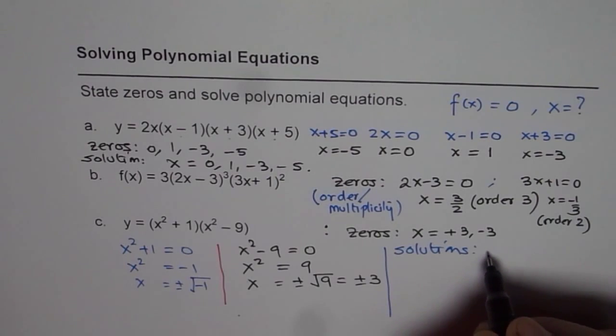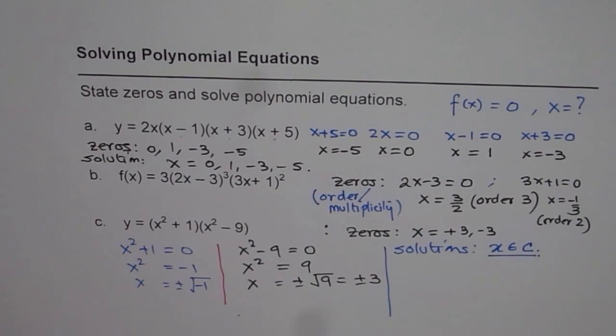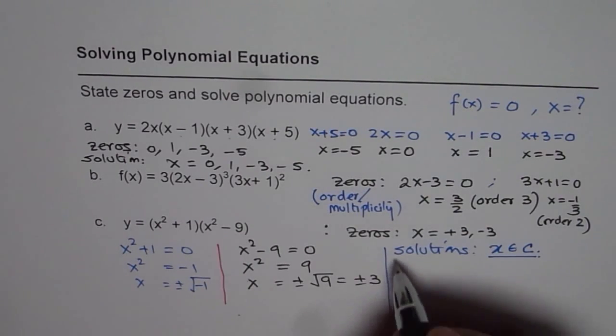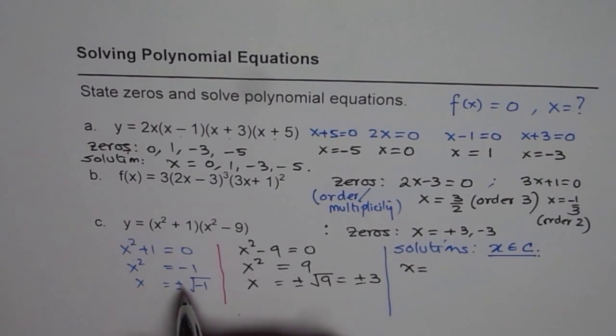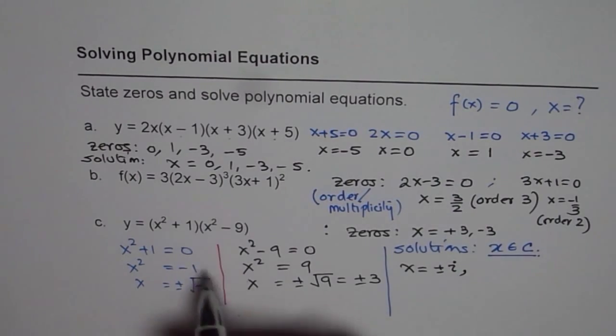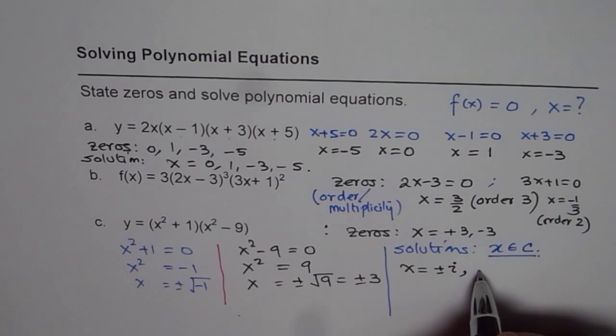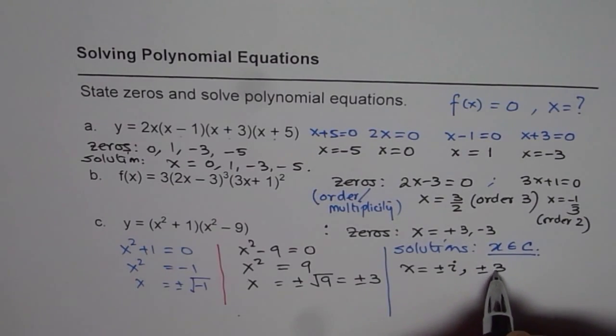If you are working in the set of complex numbers, let's say x belongs to complex numbers, in that case the first factor also gives us a solution. Our solution will be x equals plus or minus i. That is in the set of complex numbers. And the second factor gives us two other solutions, which are x equals plus or minus 3.